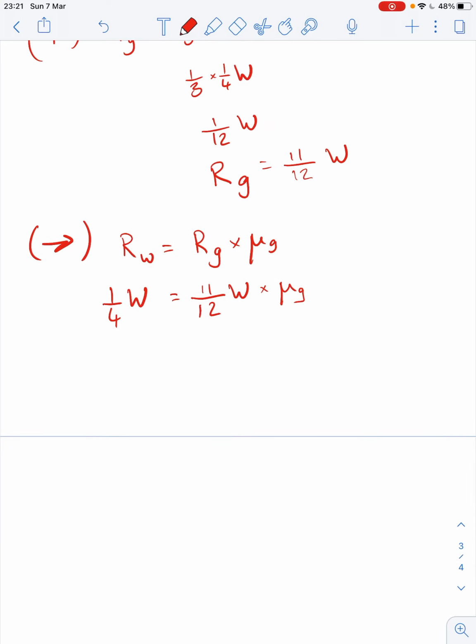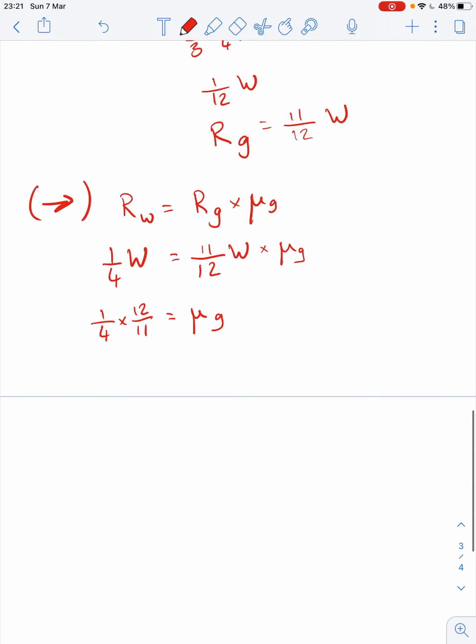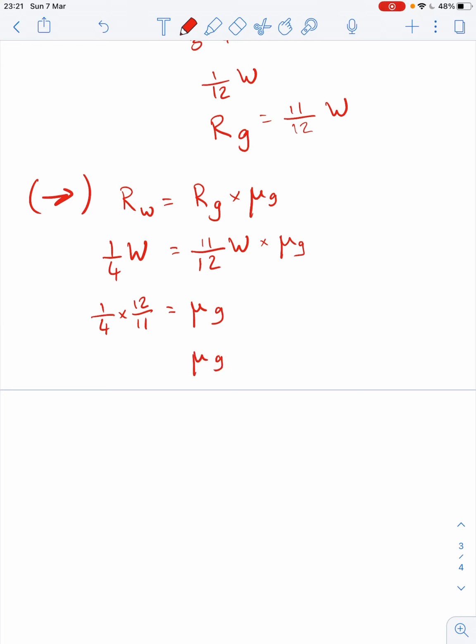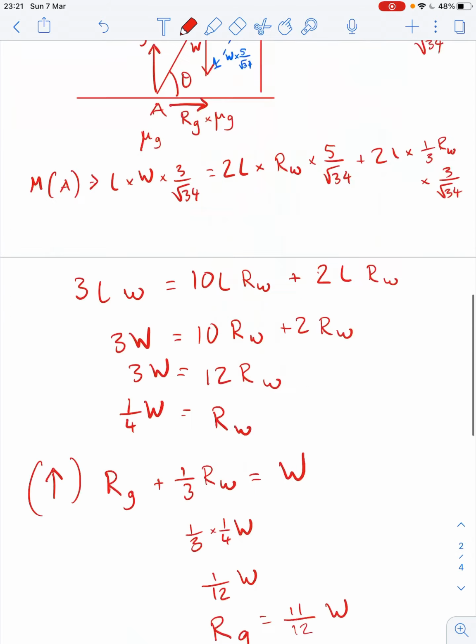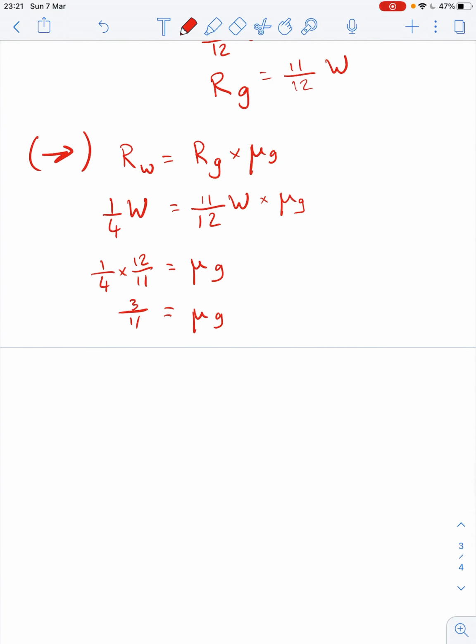The W's cancel, so we end up with a quarter times 12/11 equals mu at the ground, and therefore mu at the ground is going to equal 3 over 11. Okay. Does it need it to any greater degree of accuracy? No, it doesn't. Here we go. 3/11.